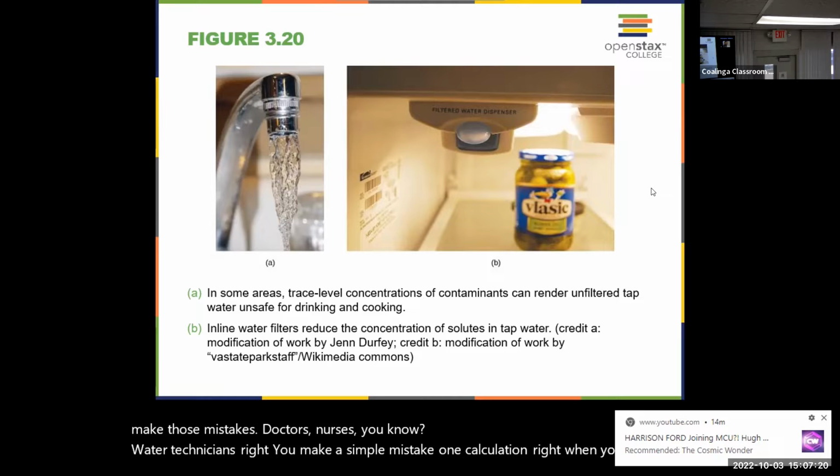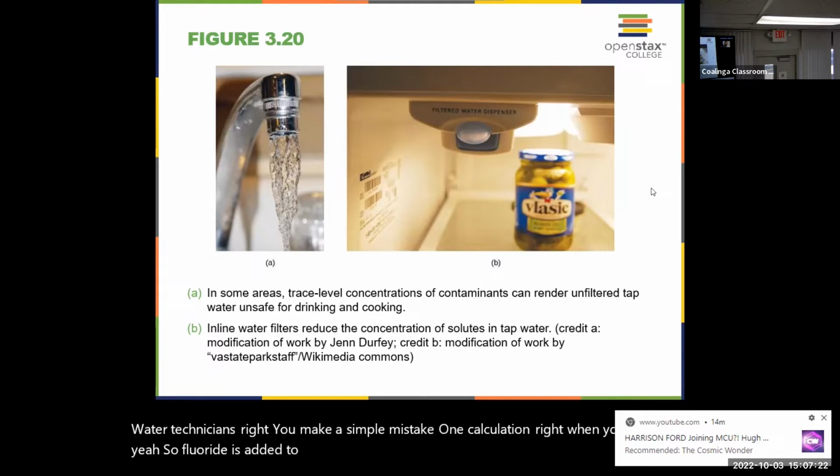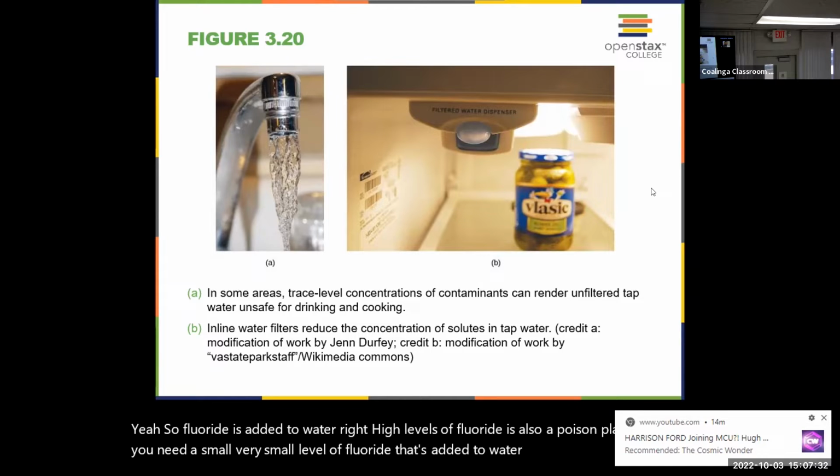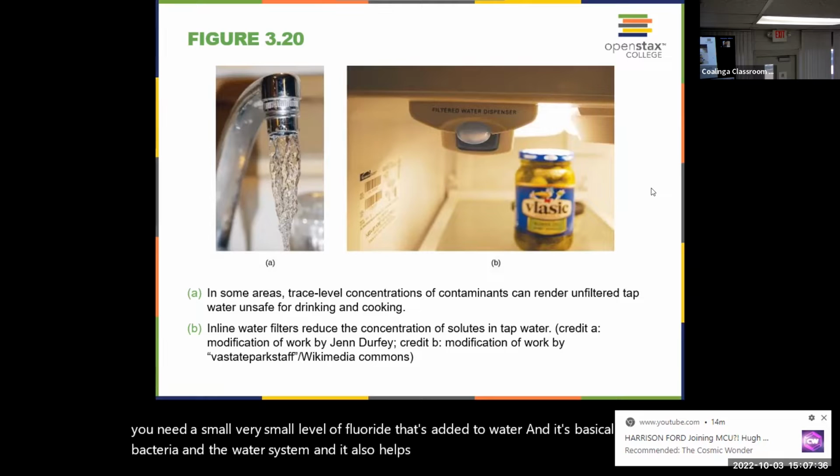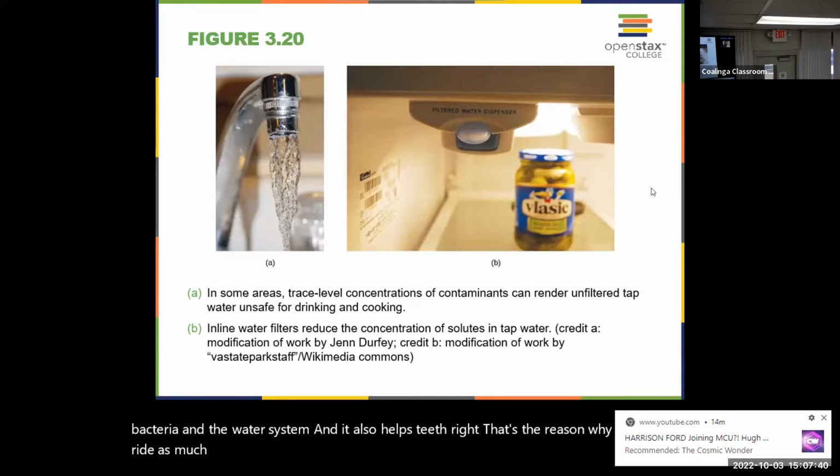Yeah, so fluoride is added to water. High levels of fluoride are also a poison for us, so you need a very small level of fluoride added to water. It's basically used to kill bacteria in the water system, and it also helps our teeth. That's part of the reason why our teeth don't rot as much.